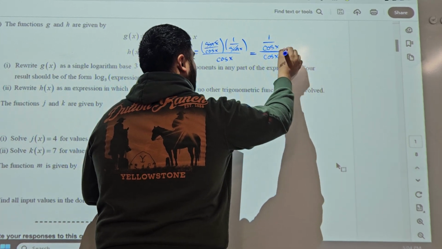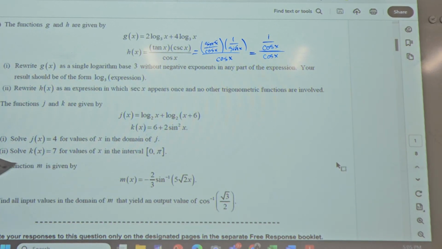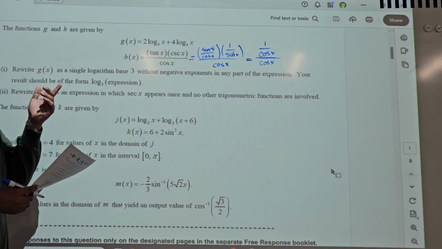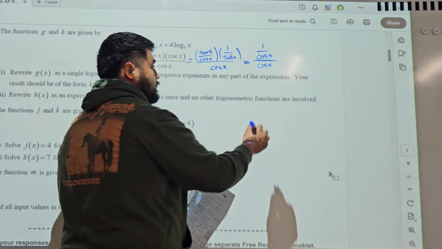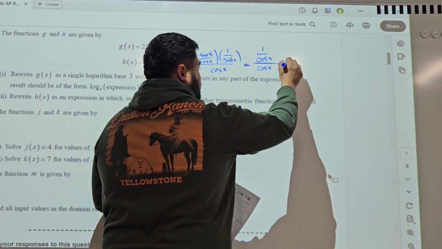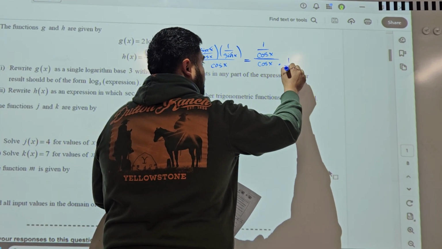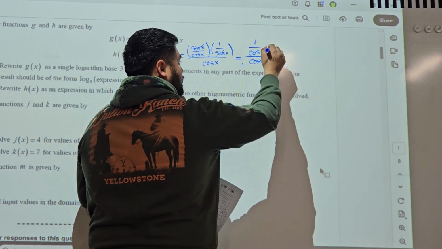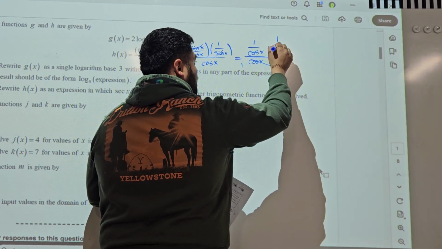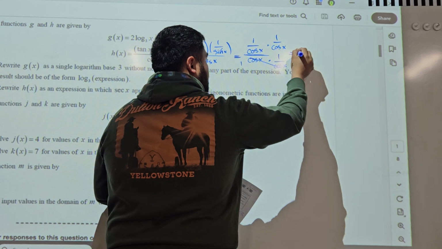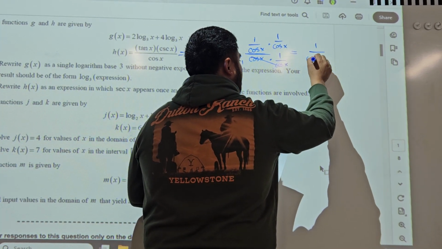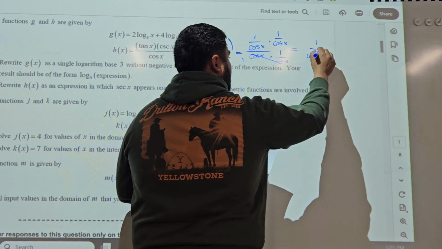So I have a fraction within a fraction. What could I do? To get rid of the bottom fraction, multiply by its reciprocal, 1 over cosine. What I do to the bottom, which just converts to 1, I'm going to do to the top: 1 over cosine of x.